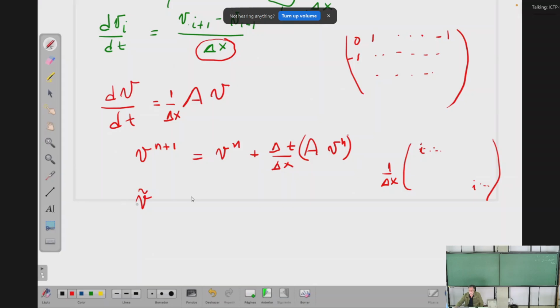We are going to do this calculation later on. For each eigenvalue j, you get this plus some lambda_j (real) times delta t over delta x times b twiddle_j^n. So here you get something which is imaginary.